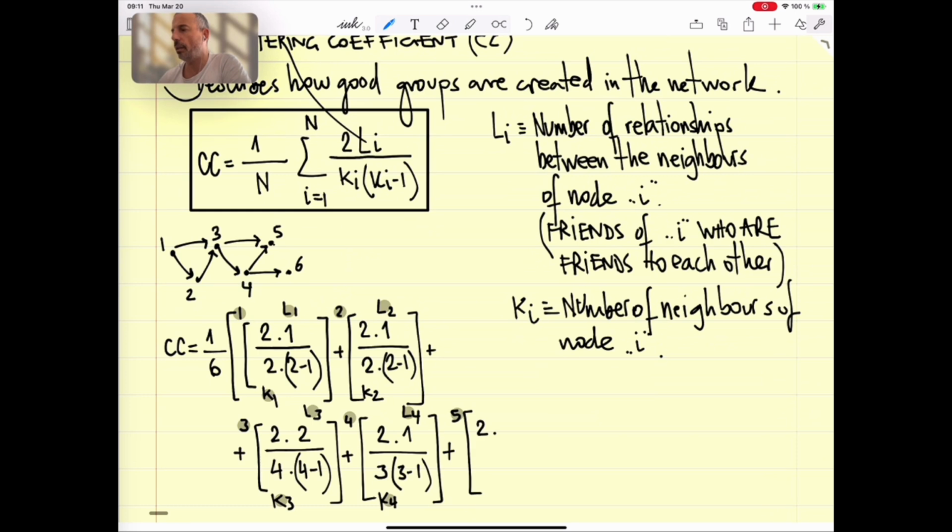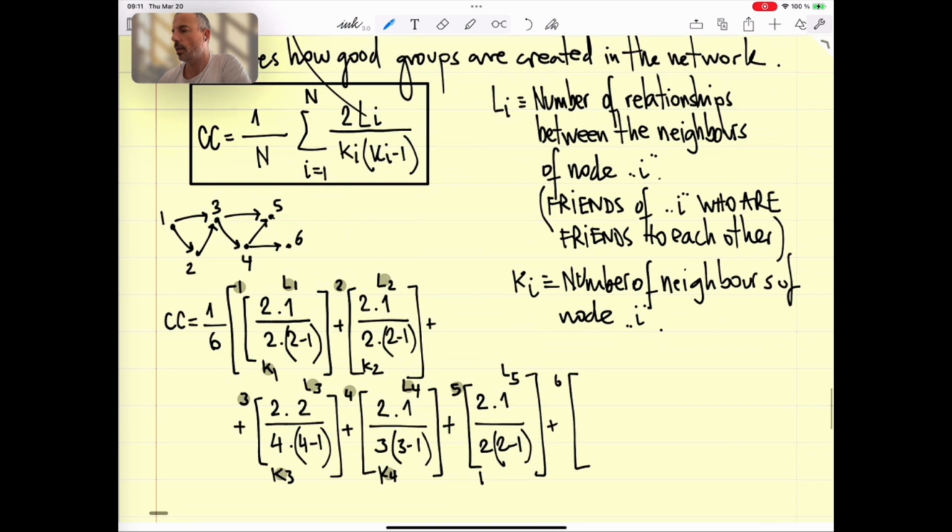Number 5 has 3 and 4 as connections. They have one relationship to each other. And there are 2 neighbors, 2 minus 1. And then number 6. There's only one connection, so number 6 you can forget because there is only one neighbor, so it doesn't make clusters.